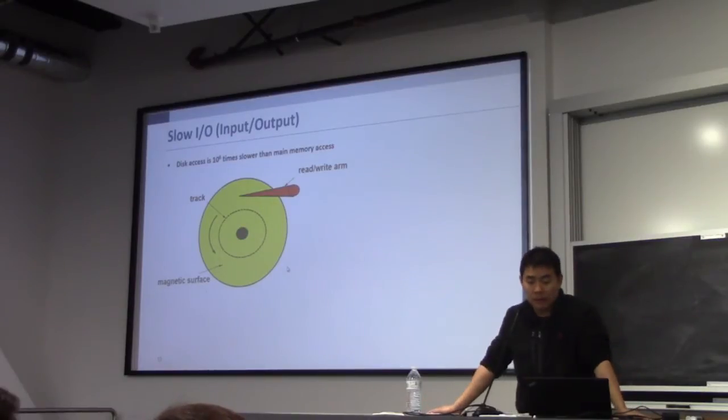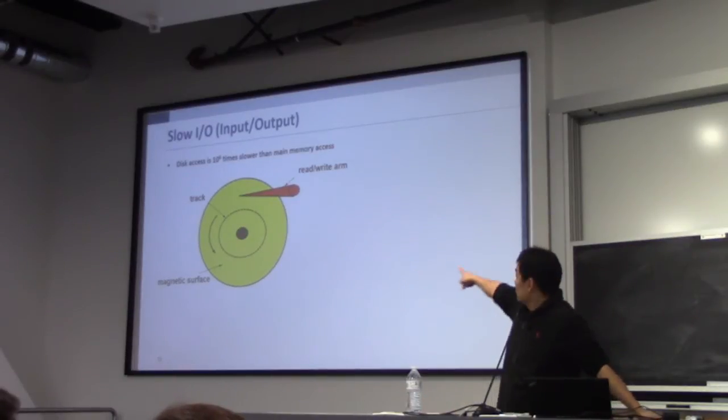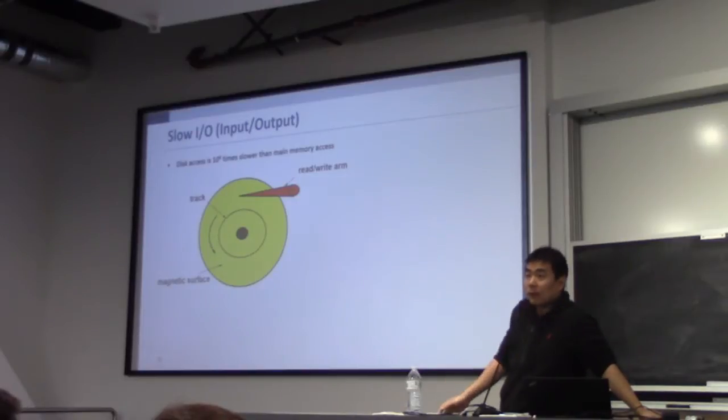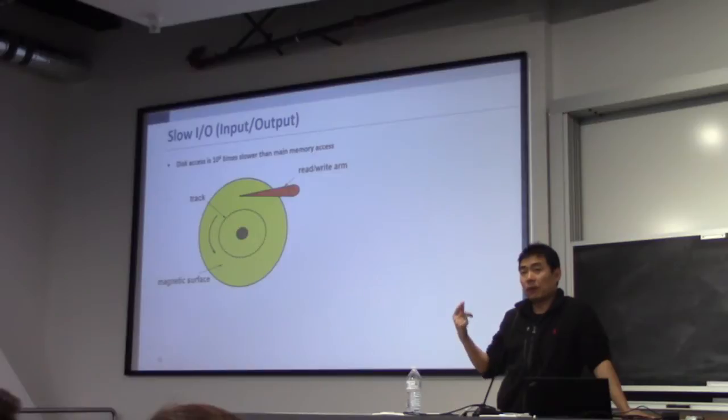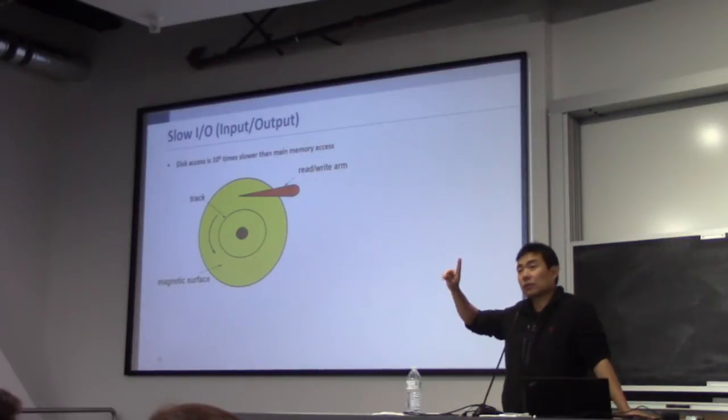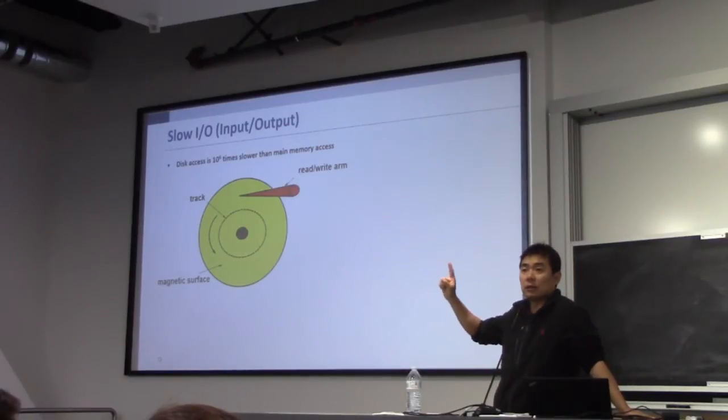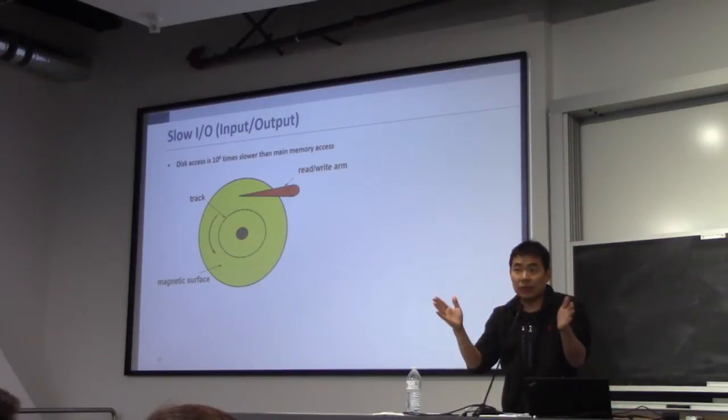And then you have this arm represented by that red beam. This is what we call the arm of the disk. The arm is able to translate a magnetic field, meaning north, to an electrical signal, meaning a 1 bit in your main memory. So the arm is able to do that translation.